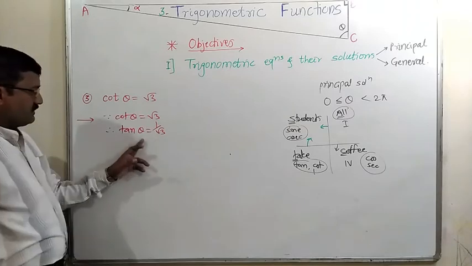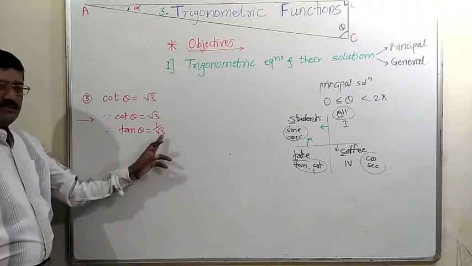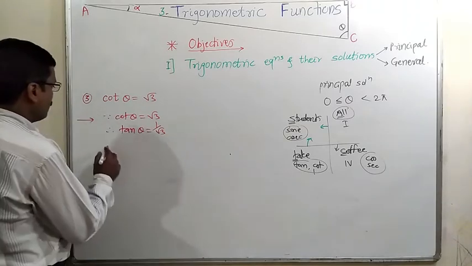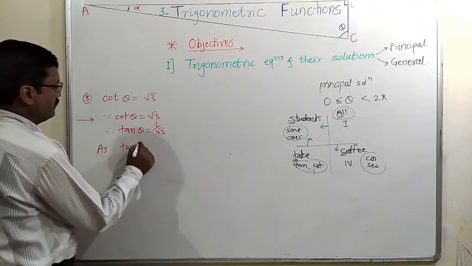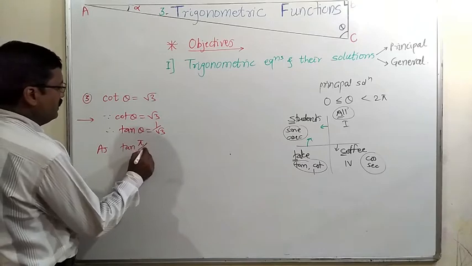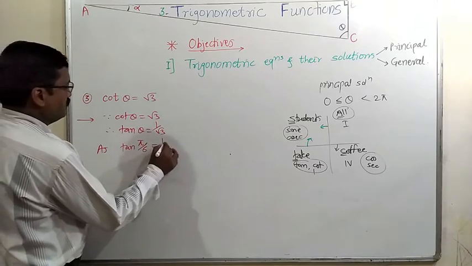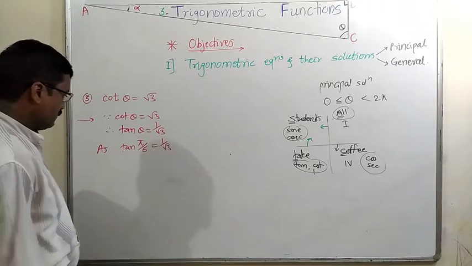We know very well for which angle this tan is 1 upon root 3. As we know, tan pi by 6 is equal to 1 upon root 3.